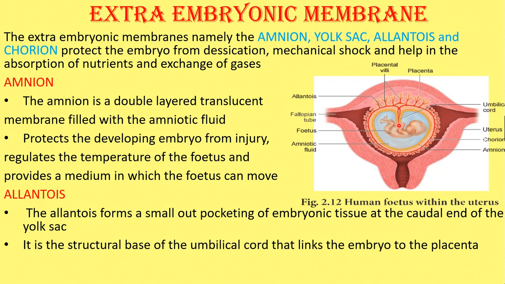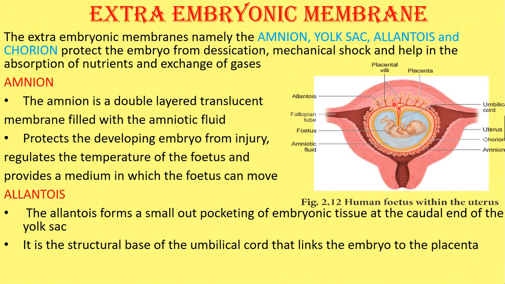Here you can see the umbilical cord. It is directly connected to the fetus, and the structural base of the umbilical cord arises only from which one? Allantois membrane. And this umbilical cord, and here you can see placental villi or chorionic villi, and here only the disc shaped placenta is present.